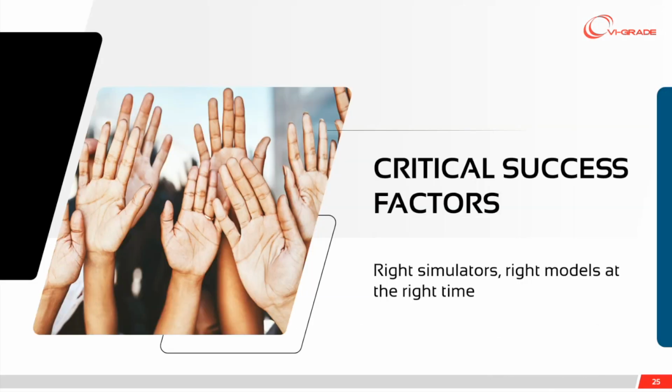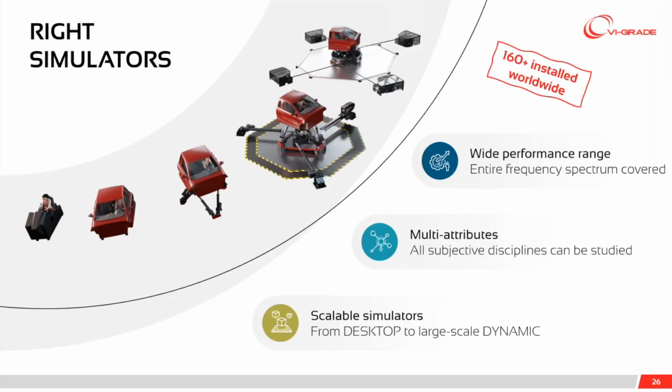Let's briefly talk about what we feel are critical success factors to be efficient with driving simulators. If you want to put it in one sentence, it's right simulators, right models, at the right time. Right simulators means you need simulators which can cover a wide performance range so that they are able to cover the entire frequency spectrum.